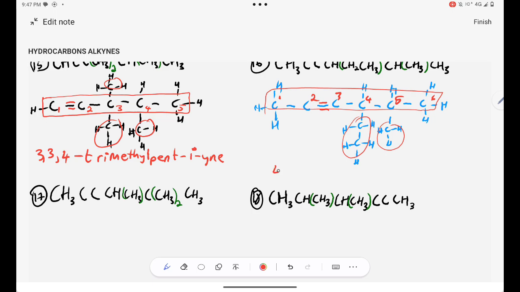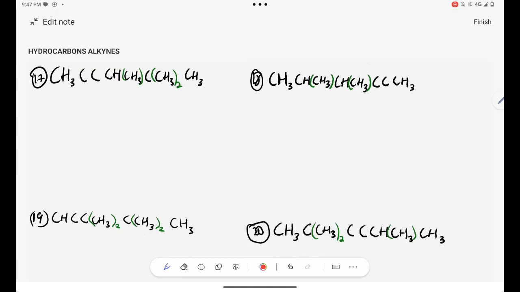So I'll simply say this will be 4 ethyl, and then 5 methyl. The parent chain has 6 carbons, that's hex. Between carbon 2 and 3, I have my triple bond, that's 2 ine.